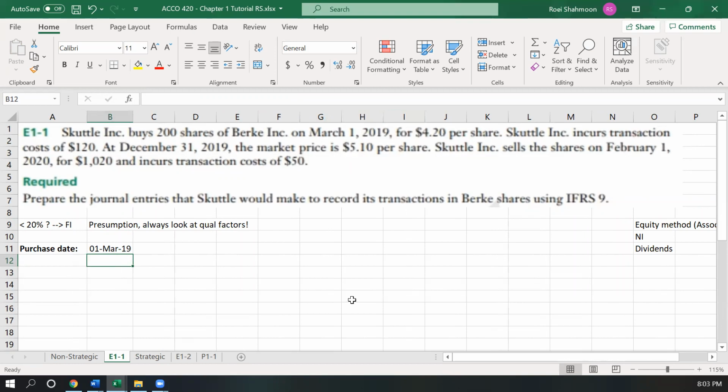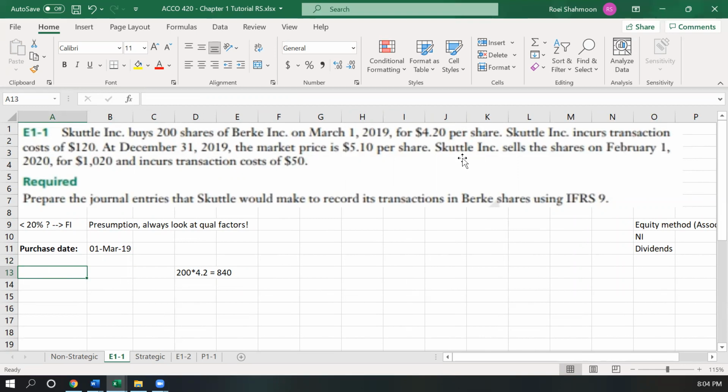Now, we get 200 shares at $4.2 per share, so that's 200 times 4.2, which gives us $840, if I did my math right. Yeah, 840.